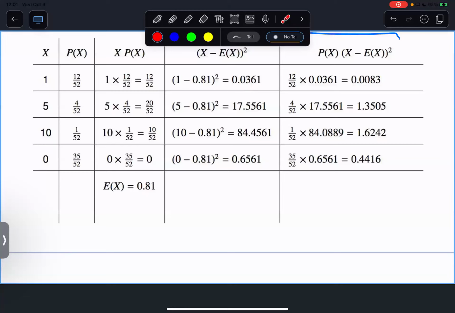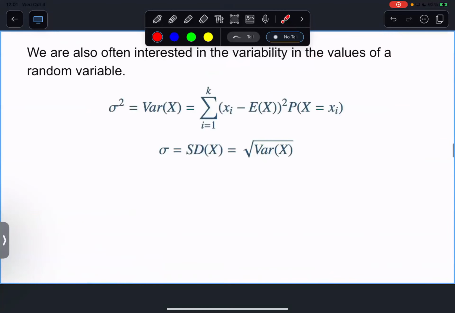Okay. So we square those and then we have the first component, and this component is this chunk, which we then multiply by the probabilities from before. All right.